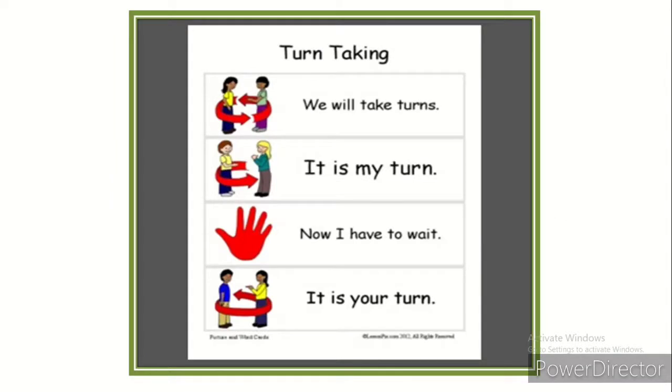Let us look at this illustration about turn taking. We can follow this whenever we are having conversation with somebody. So we have here, we will take turns. It is my turn. Now I have to wait, and then it is your turn.